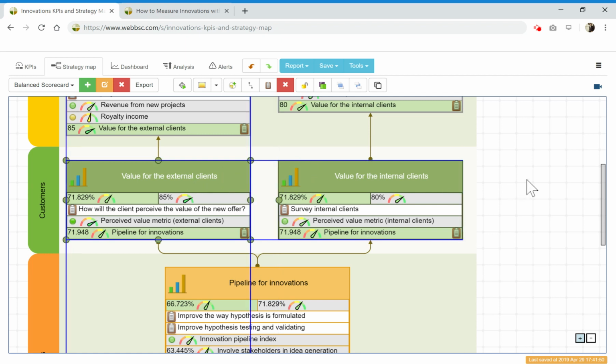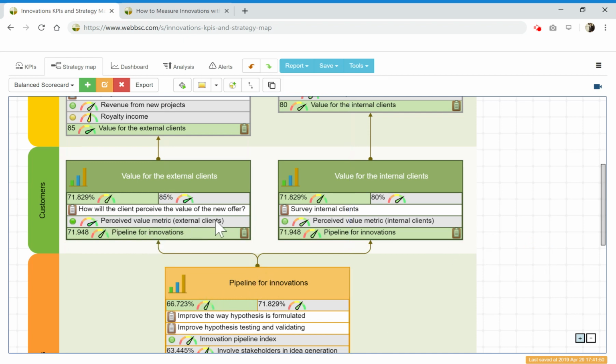How do we quantify innovations in the context of these customers? Again, when we're thinking about quantifying it, we need to quantify the leading factor and the lagging results. So the leading indicators come from this goal, the pipeline for innovation.